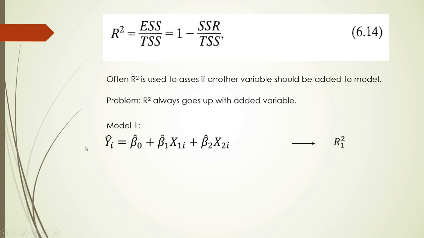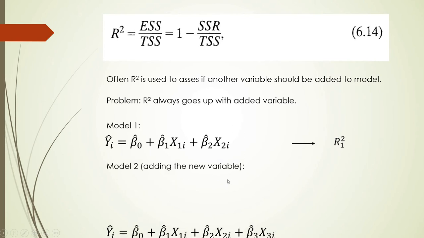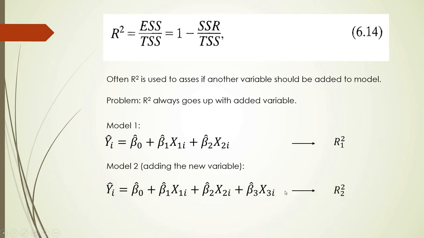For example, if we have a model with two independent variables, we will have a certain size of R-square. Let's call it R-square 1. Then, if we add literally any new variable, we will get R-square 2, and R-square 2 will be equal or larger than R-square 1, even if the new variable doesn't have any connection with our dependent variable.